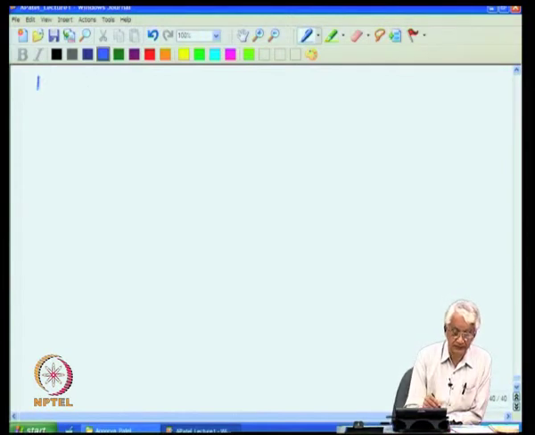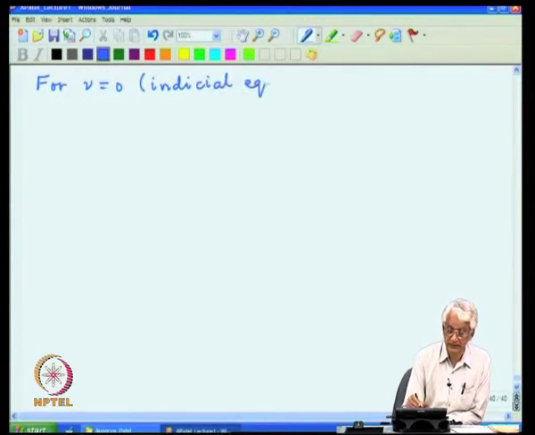So, for nu equal to 0 in the terminology of Frobenius method, this is also called the indicial equation.